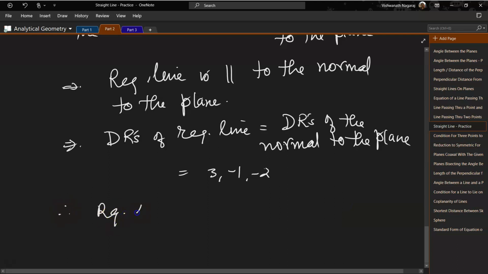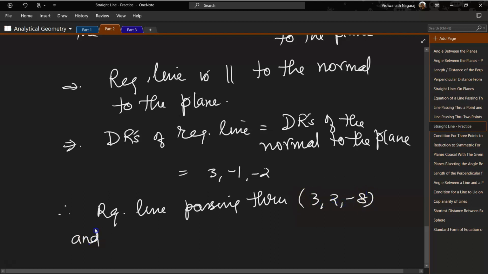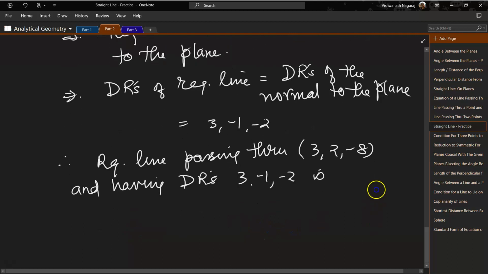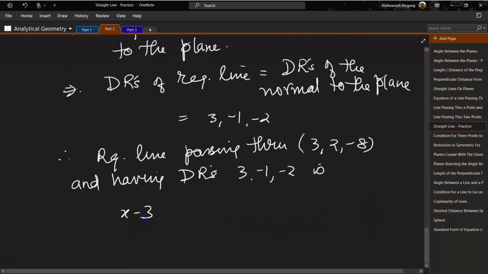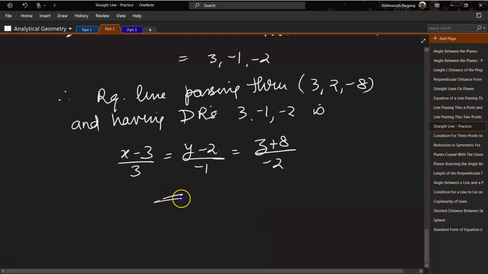Therefore the required line passing through 3, 2, minus 8 and having DRs of 3, minus 1, minus 2 is x minus 3 by 3 is equal to y minus 2 by minus 1 is equal to z minus minus 8, that is z plus 8, by minus 2. That is the equation of the line that passes through this point and is perpendicular to the given plane.